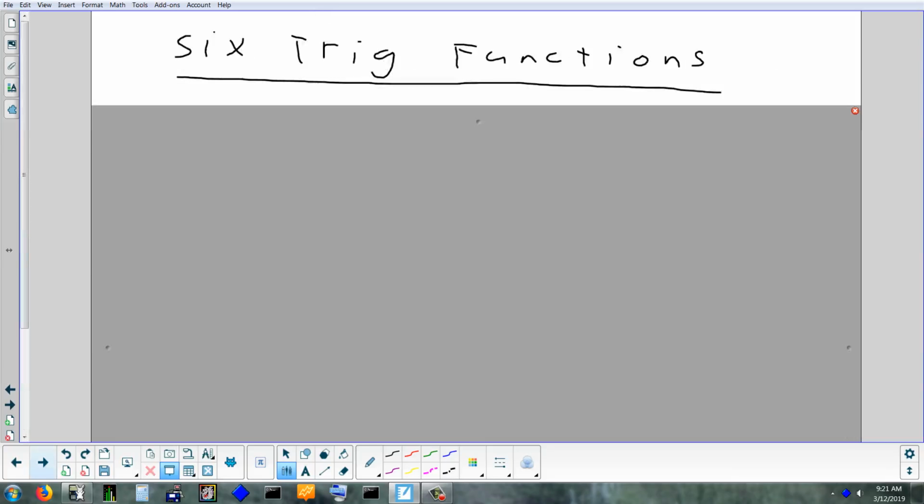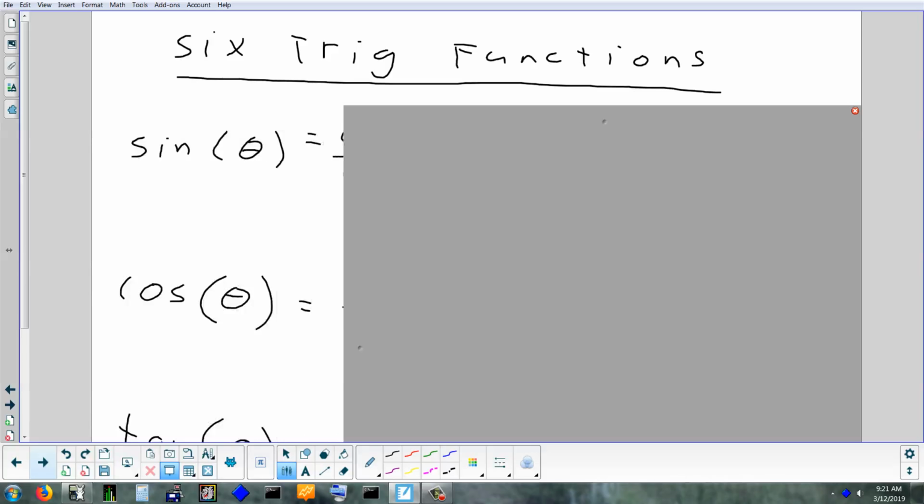So now we're going to define the 6 trig functions, just like we did last week. But now I'm not going to use a coordinate. That's what we had to do before. We found a coordinate and we used the x and y values. Now we're going to use the terms opposite and adjacent and hypotenuse. So what are the first 3 trig functions we always put in that left column? Yep. Sine, cosine, and tangent.